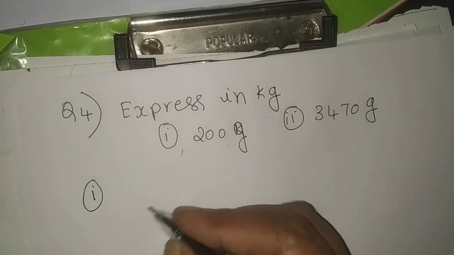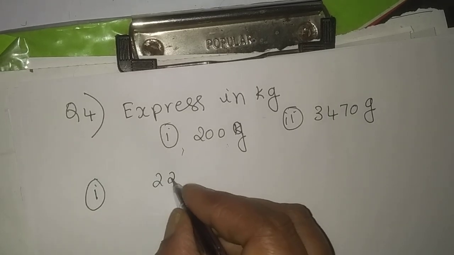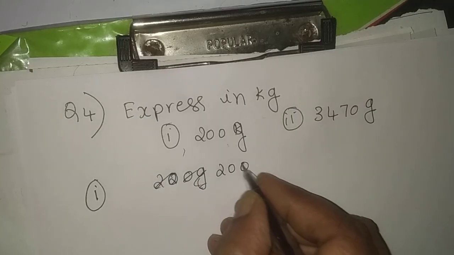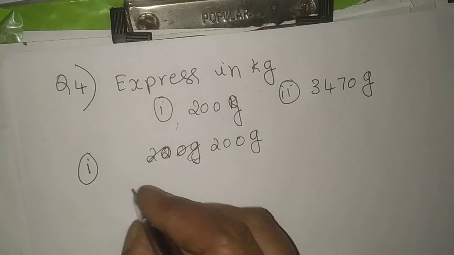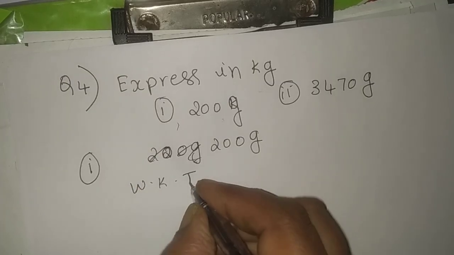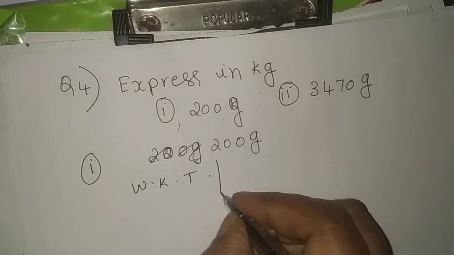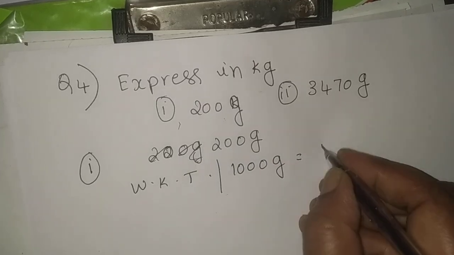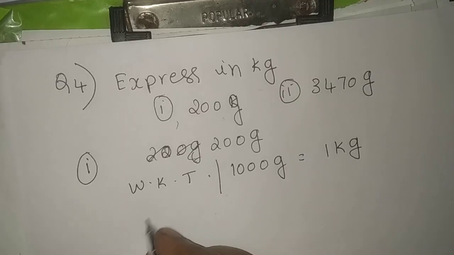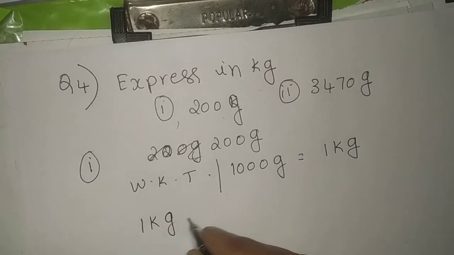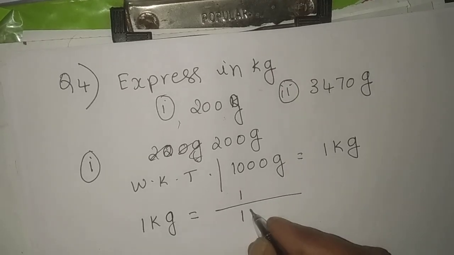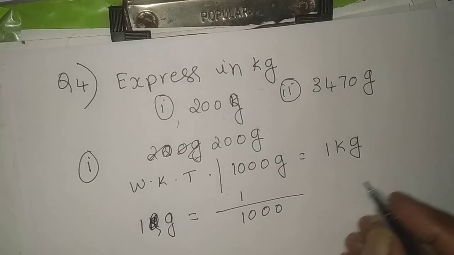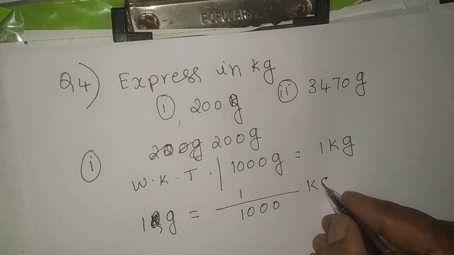So first one, 200 grams. We know that 1000 grams is equal to 1 kg, and 1 gram is equal to 1 by 1000 kg.